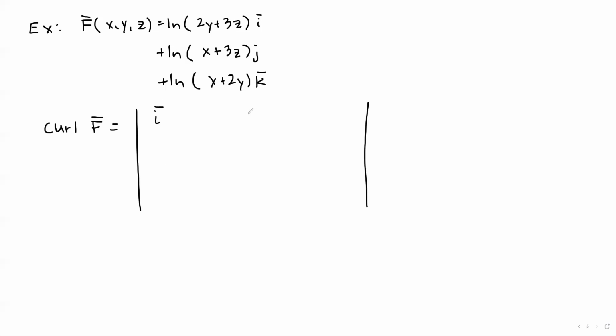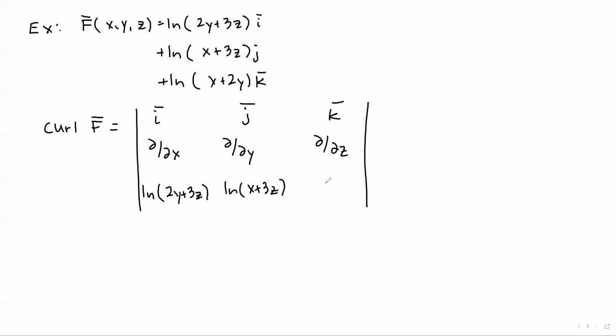We've got i, j, k, partial with respect to x, partial with respect to y, partial with respect to z, and then natural log of 2y plus 3z, natural log of x plus 3z, and natural log of x plus 2y.